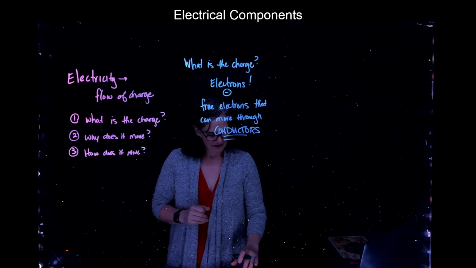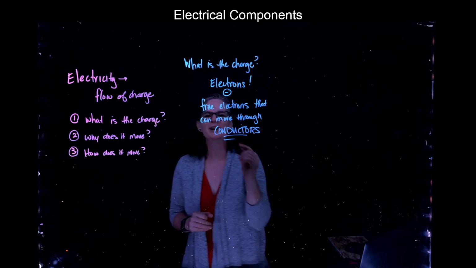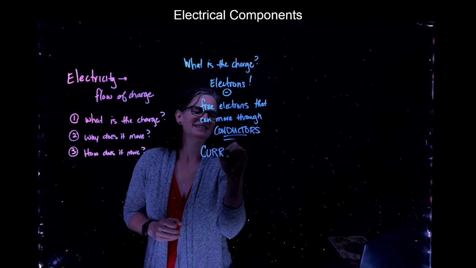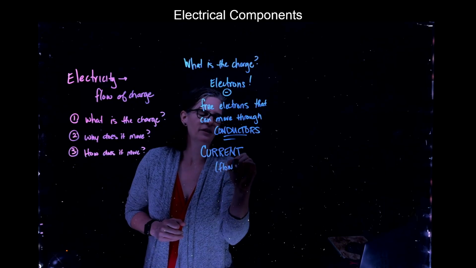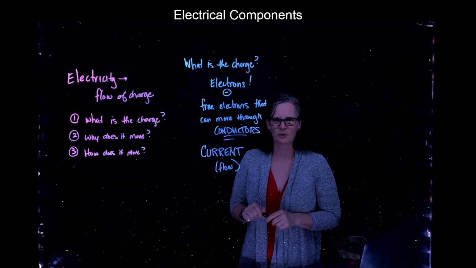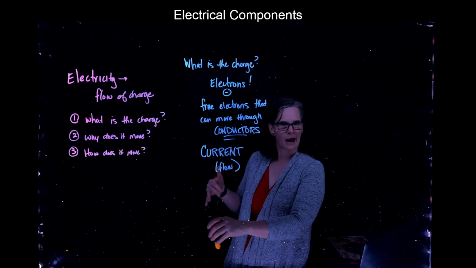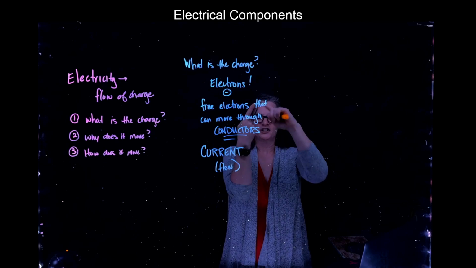Now, the flow of electrons, this is what we call a current. So this is that flow. And we're going to get into the details of what current really is from a description standpoint in the current video. Current not meaning now, but current meaning current. All right. So we know the charge, check.